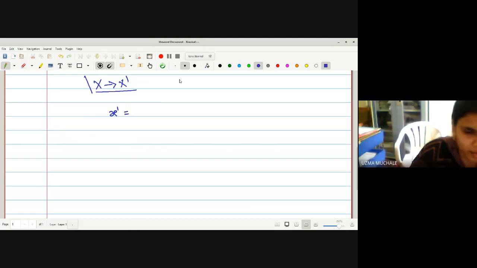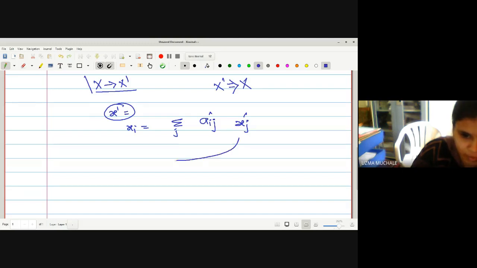Now we have to write down the transformation from x dash to x, because now we have to find the inverse of this transformation. That we can write as xi is equal to summation over j aij dash xj dash, which means this is a transformation from x dash to x.